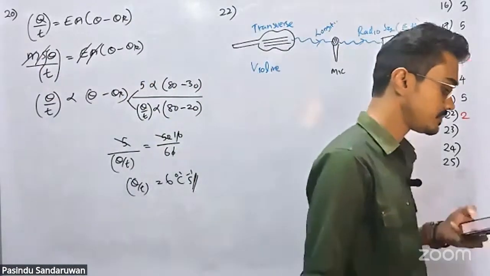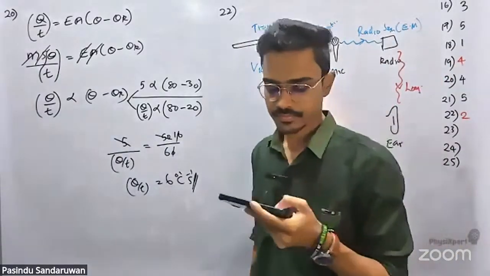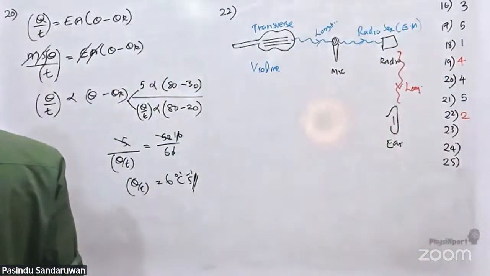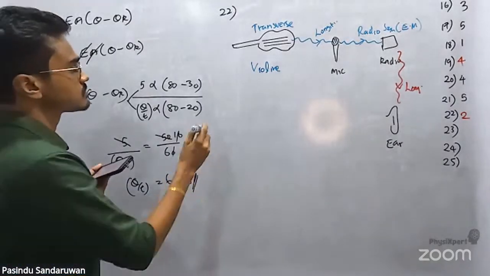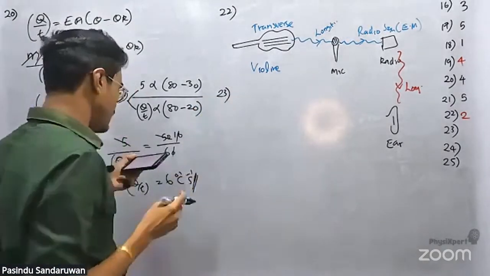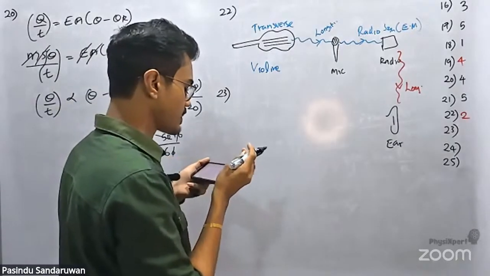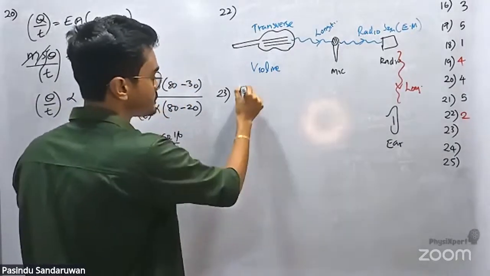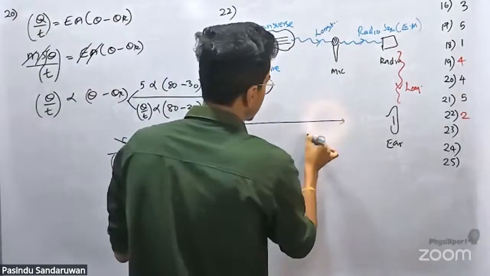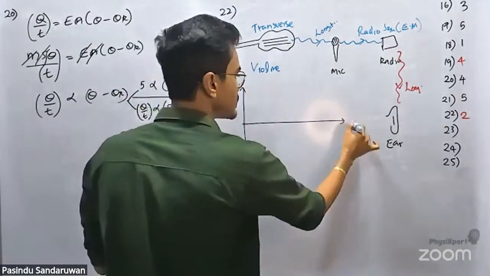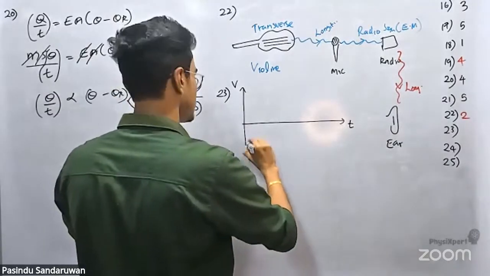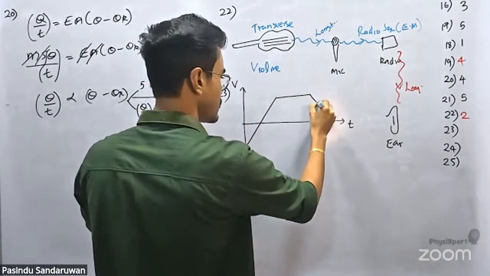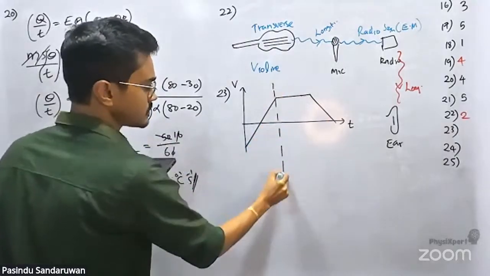23. The corresponding displacement time graph for the given VT graph. VT to ST conversions. See, very easy.